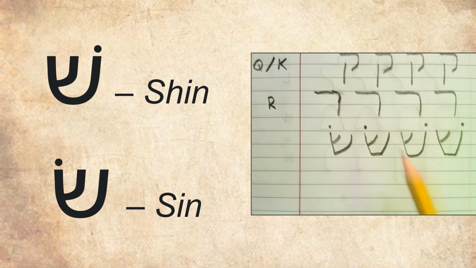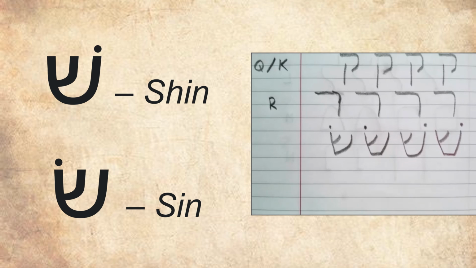Okay. But when the dot at the top is on the left side, it is actually referred to as the word sin, pronounced as s, as in the word sad. Now, there's a clever phrase for English speakers that says, sin is never right, meaning sin, transgression of the law, is never right. It's never okay. So, what does that mean?